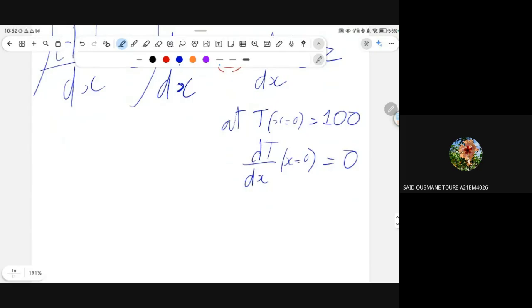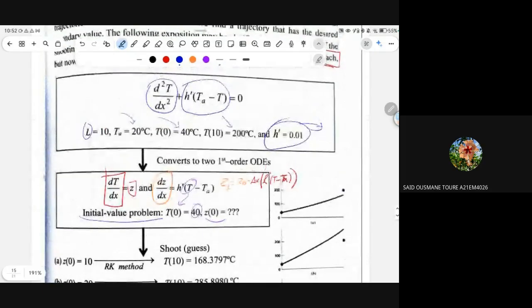So by proxy, we have the initial boundary value condition of z equals 0, because we assume that dt over dx equals z.